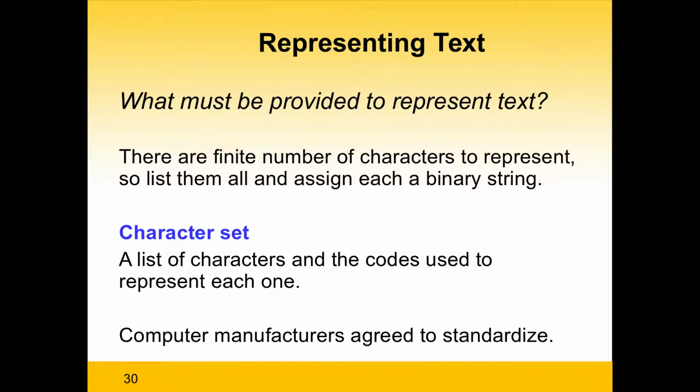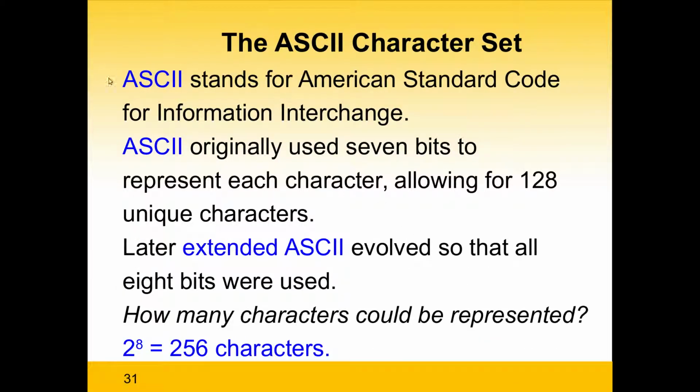Now, computer manufacturers used to have their own character set, every single computer had its own, until they all agreed to standardize it, and they called it ASCII, which stands for American Standard Code for Information Interchange.